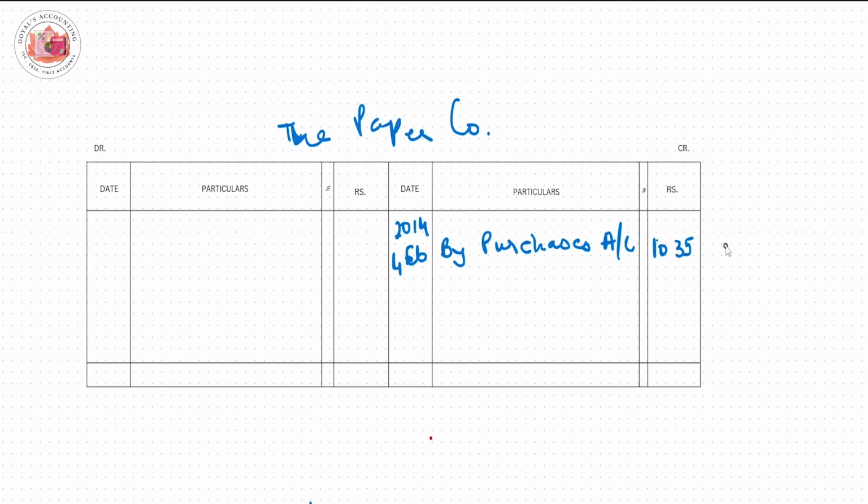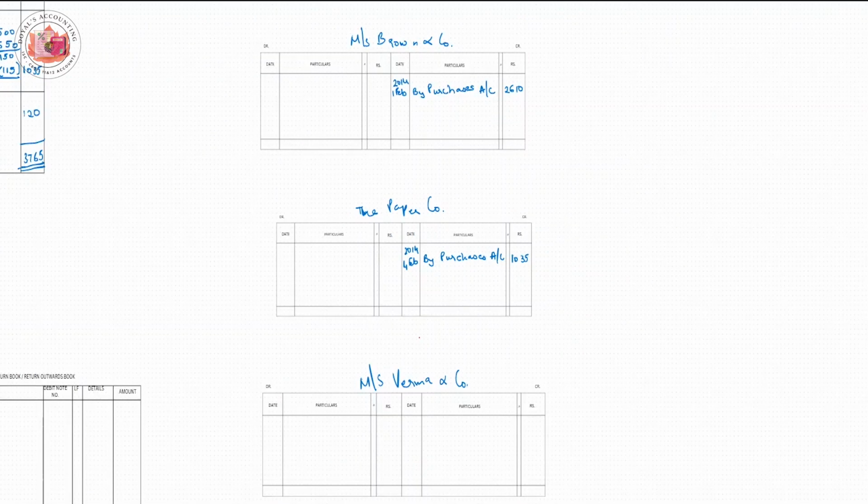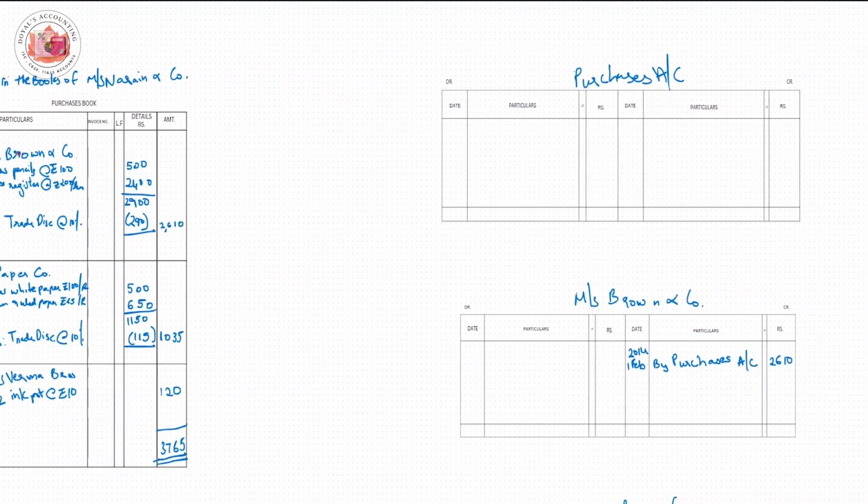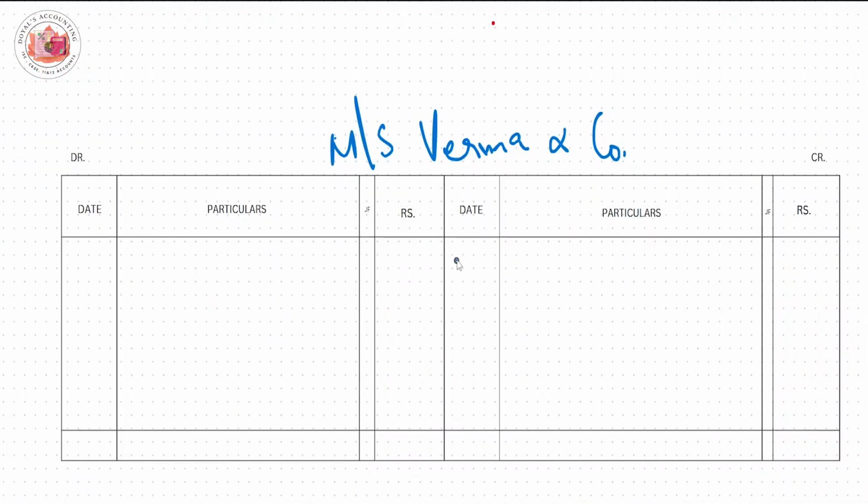And the last entry was Messrs. Verma and Brothers, rupees 120. So I will directly write in their account, 2014, 5th February, by purchases account, 120.